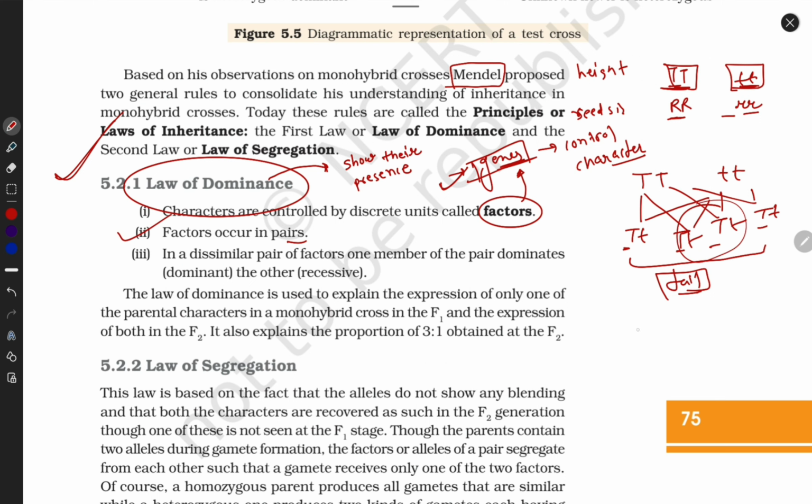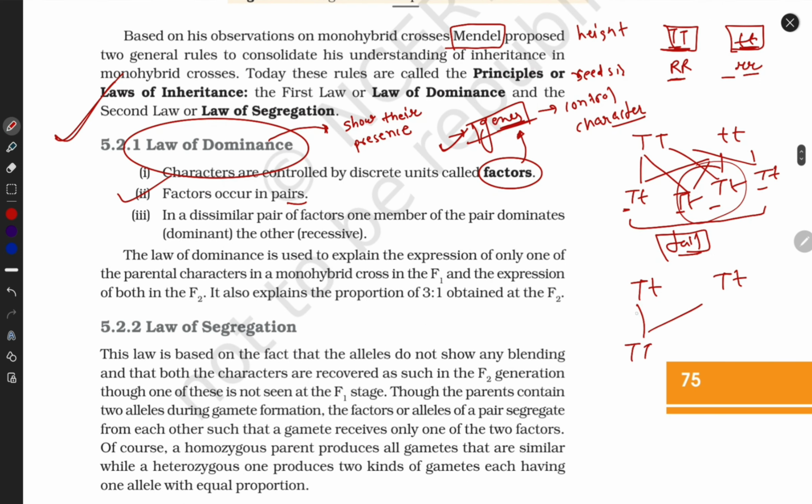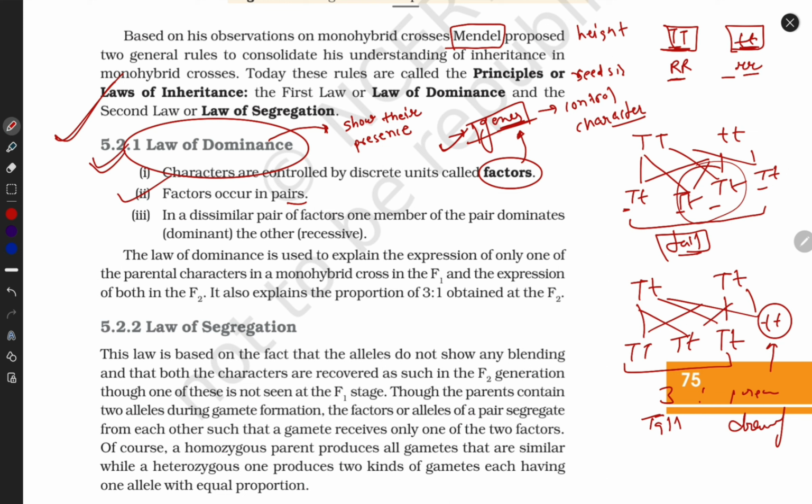If I cross between them, capital T small t with capital T small t, again they show their presence. If a dominant character is present, it shows its presence. In this type, there is no dominant character, so recessives show their characters. Now three are tall plants and one is dwarf. So this is the law of dominance.